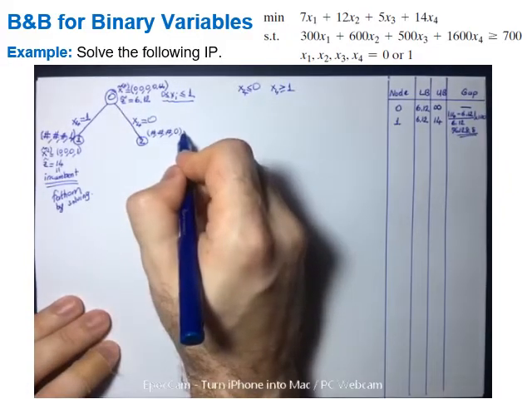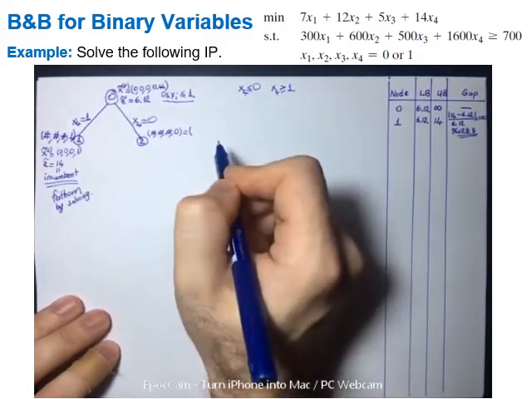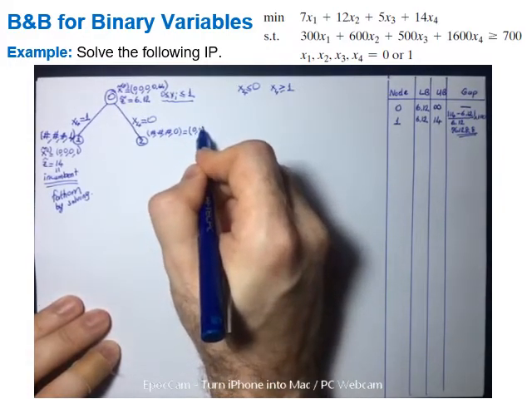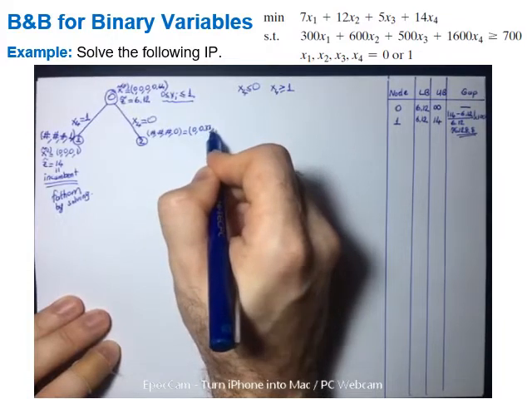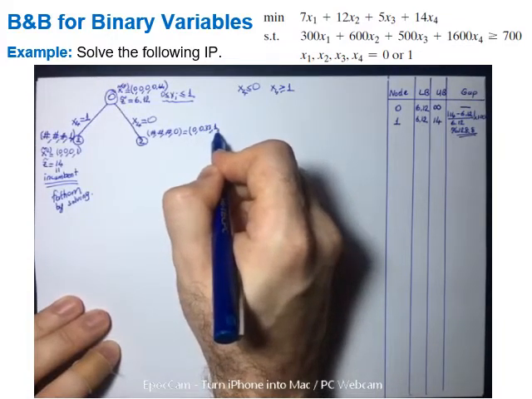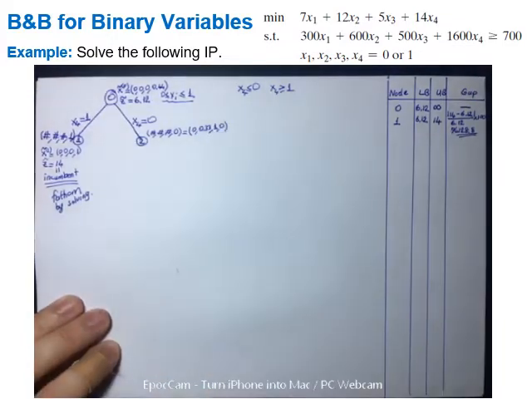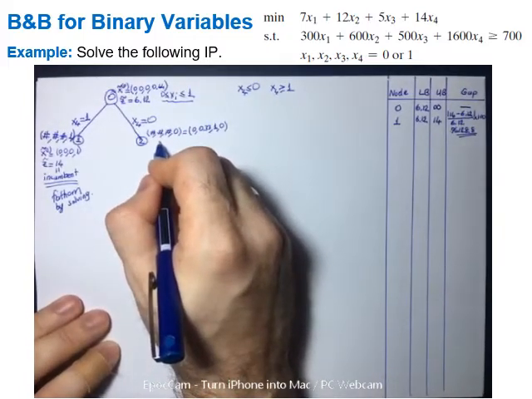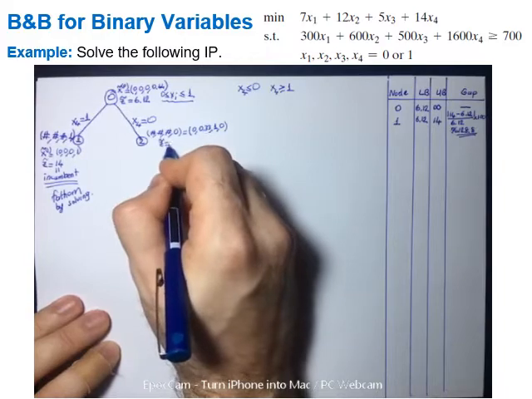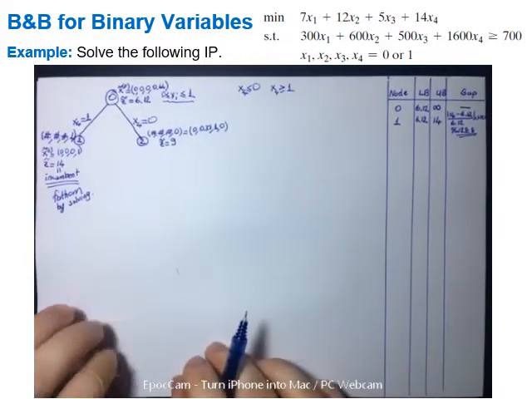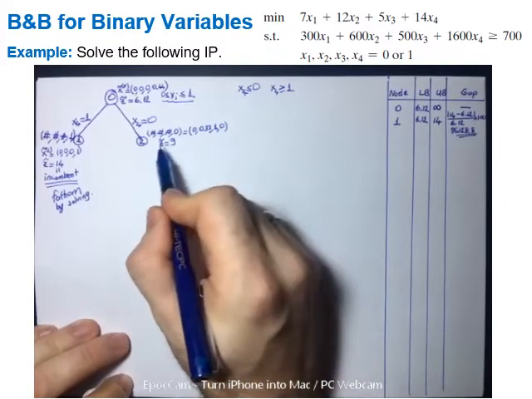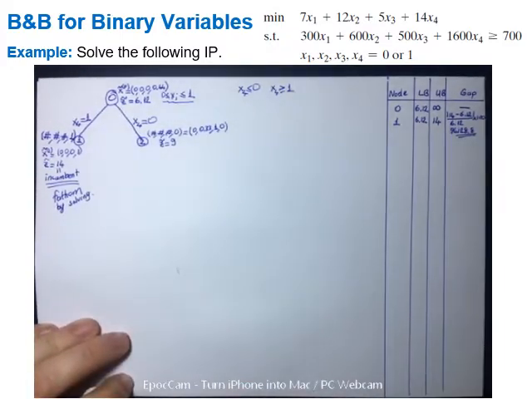And when you solve this using the simplex algorithm, you obtain this solution: 0, 0.33, 1, and 0. And what's the objective function value? It is 9. When you put this solution into your objective function, you obtain this value.